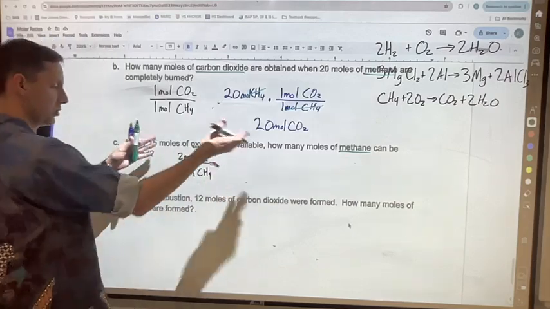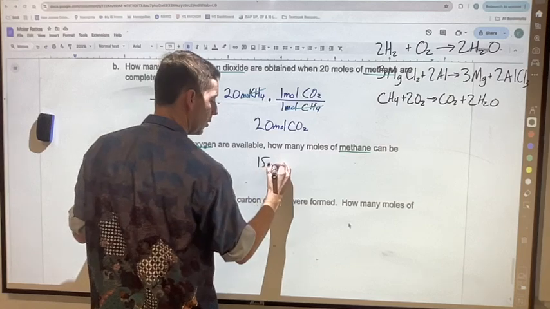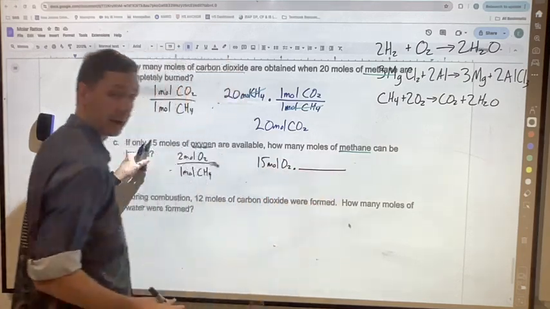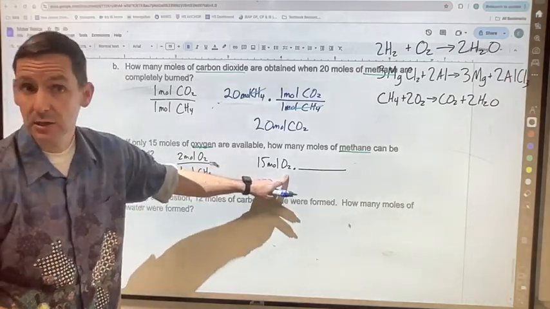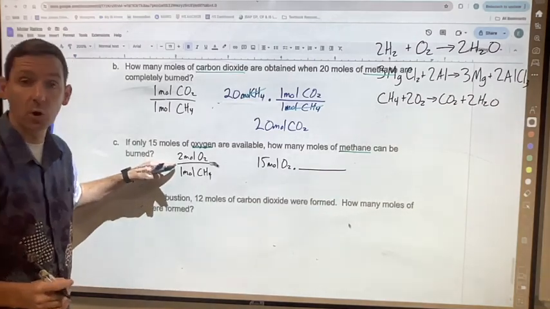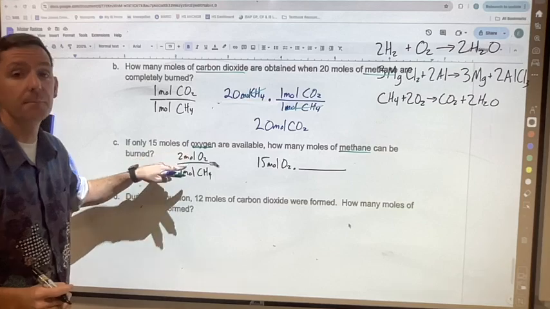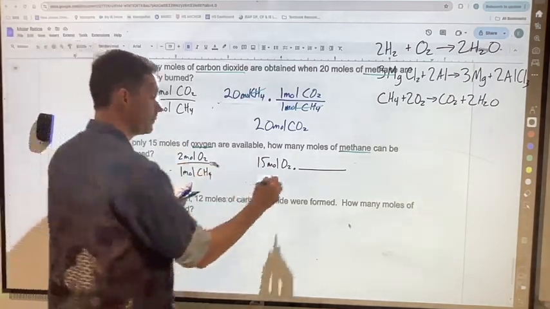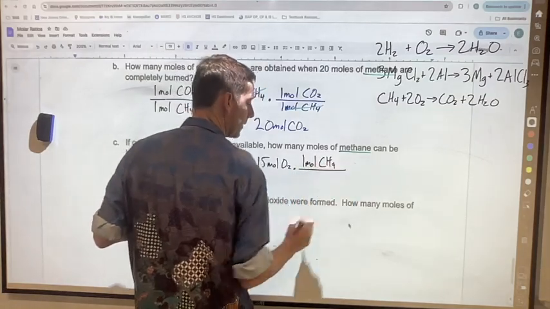We're now going to actually do the problem. We have 15 moles of oxygen, so 15 moles of O2. We're going to multiply by our conversion factor. We do want the O2 to cancel out, and so therefore when I use my mole ratio, I'm going to put the O2, the oxygen, on the bottom of the fraction so that it'll cancel out with this. And so I'm going to put the 1 mole of CH4 right there.